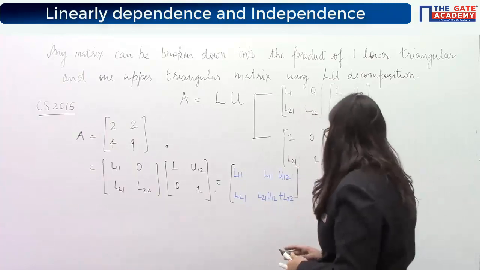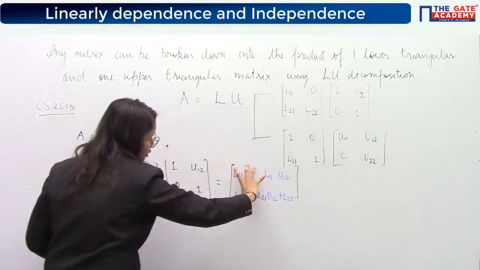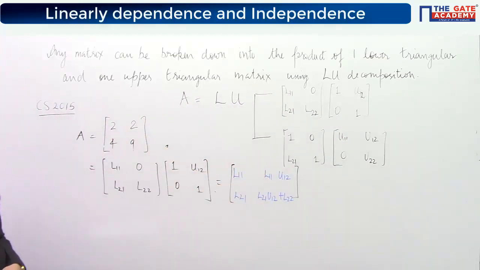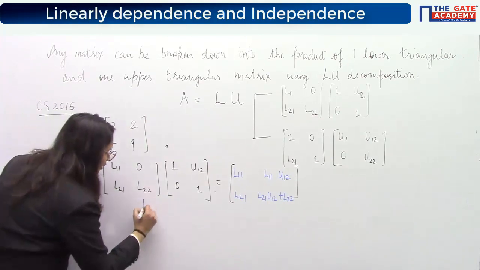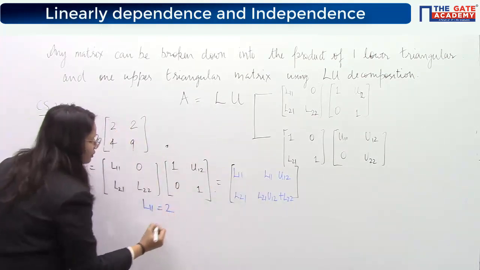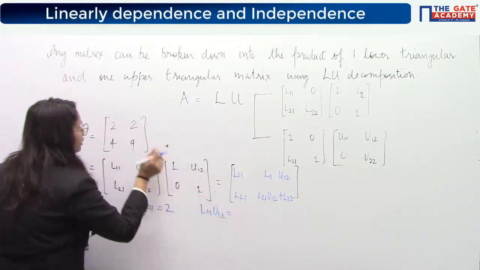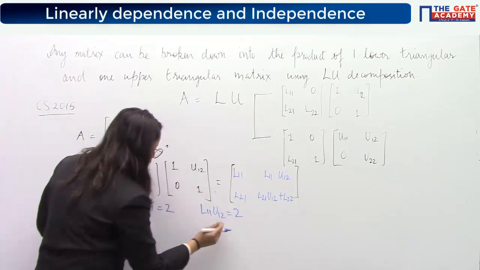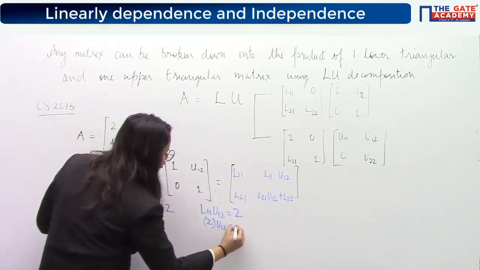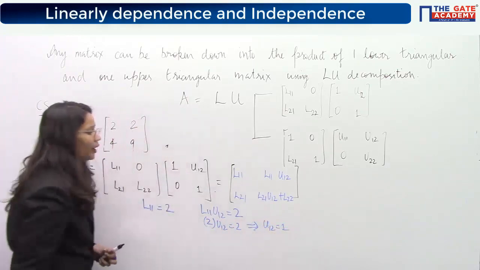You know this is equal to this, so we will just compare these two matrices. We apply the equality and say that L11, the first element here, is equal to 2. Then L11 into U12 is the second element here, which is equal to 2. We have already calculated L11 as 2. So 2 into U12 is 2, which implies U12 is 1.